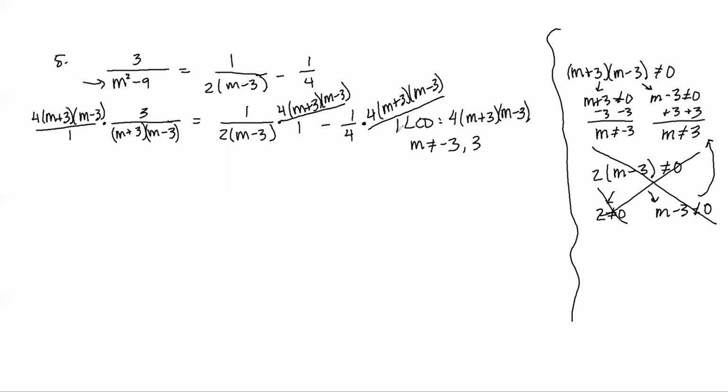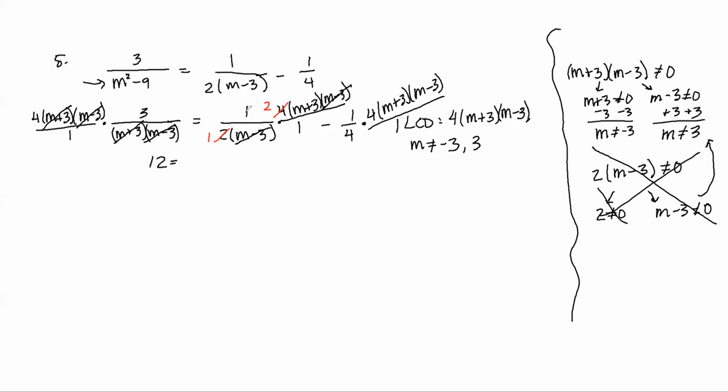So on the left side here, we can cancel out m plus 3, m minus 3, and we have 4 times 3, which is 12, equals. Now over here, we can cancel out these m minus 3s. And now looking at the 2 and the 4, we can reduce this to a 1 and a 2. Now, if we see what we have left, we have nothing on the bottom, which is good.